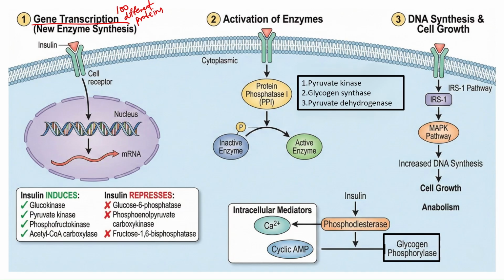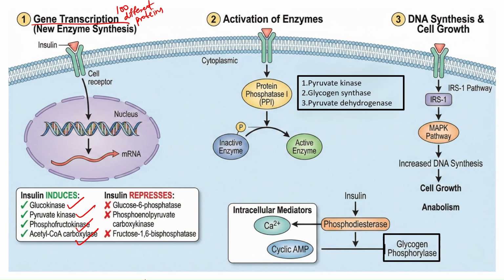It essentially tells the cell which tools to build and which enzymes, which proteins to put away. Insulin increases the production of the enzymes that help process glucose and build fats, such as glucokinase, pyruvate kinase, phosphofructokinase, and acetyl-CoA carboxylase.